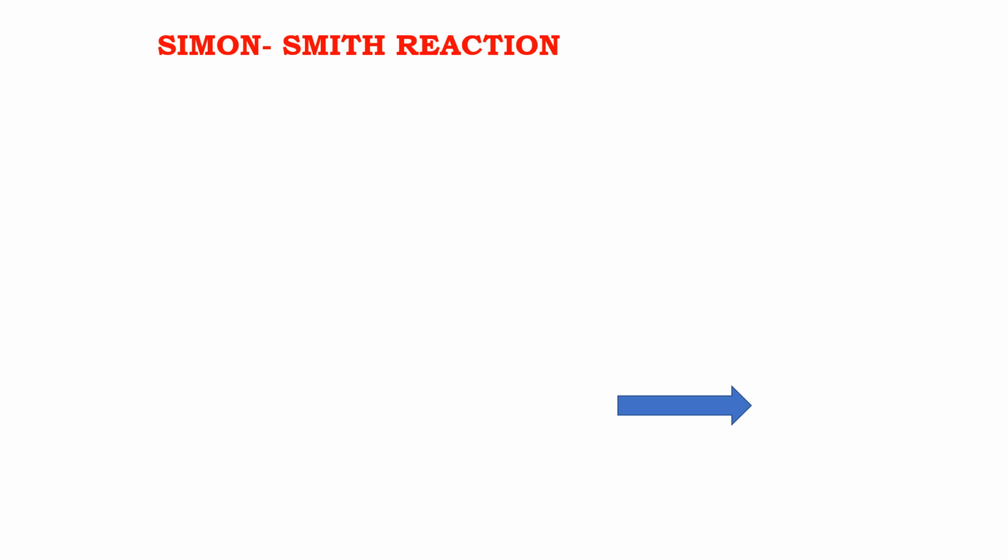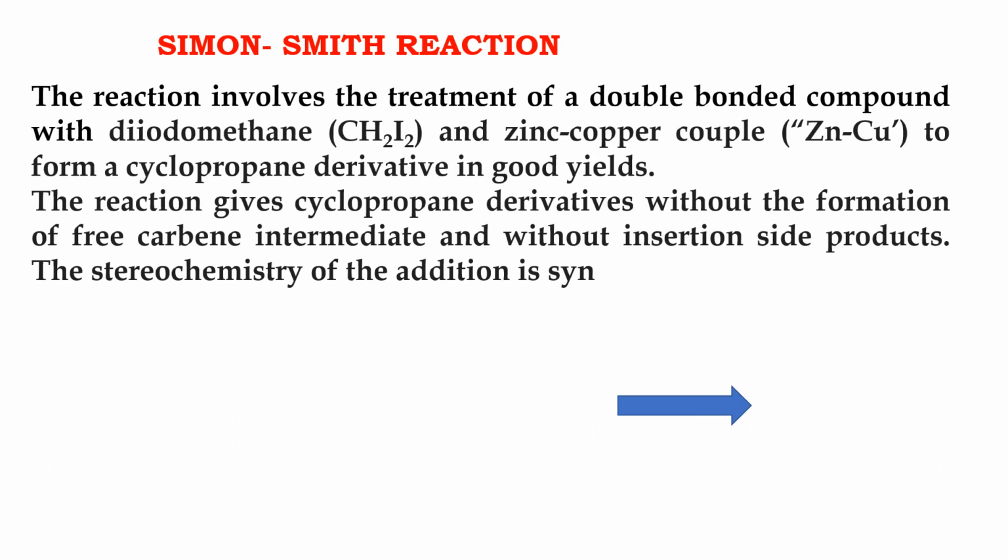In the Simmons-Smith reaction, a cyclopropane derivative is prepared using a carbene as the intermediate generated at the site of the reaction. So it involves the treatment of a double bond with diiodomethane, CH2I2, and zinc-copper couple to form cyclopropane derivatives.